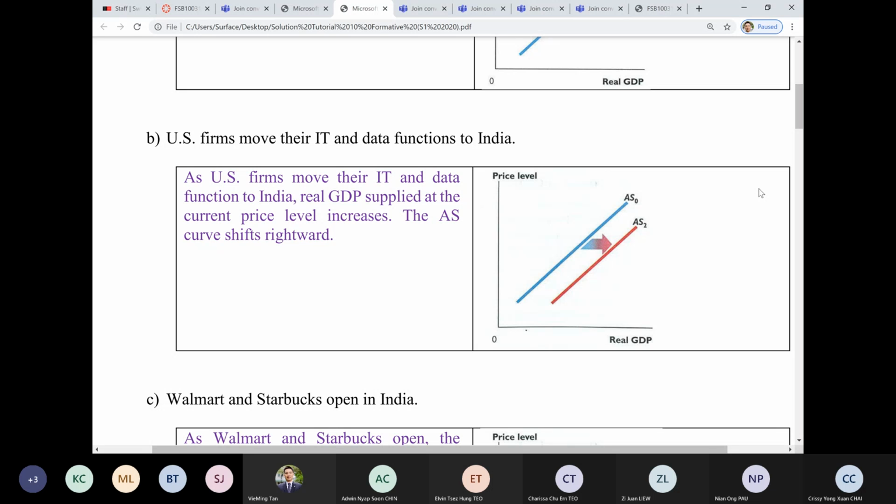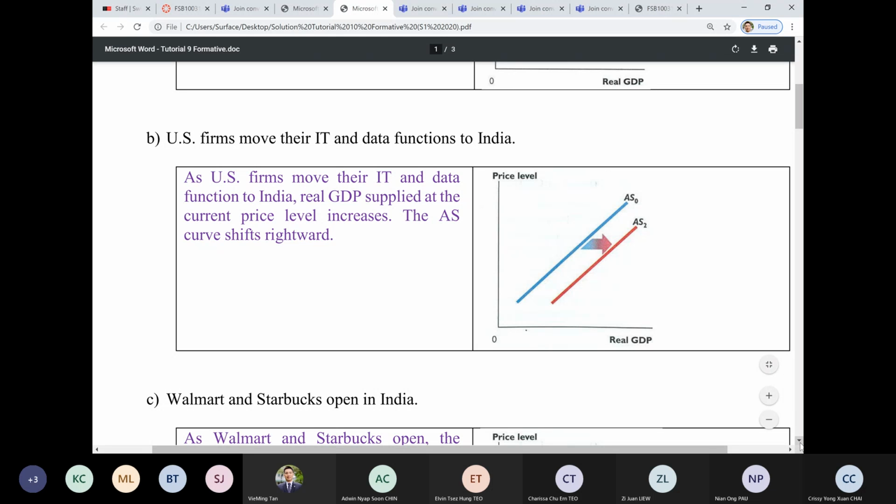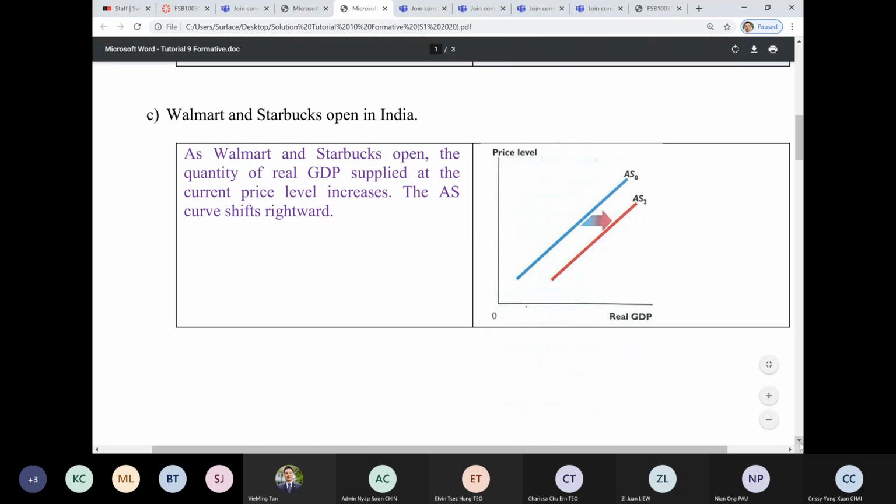As a result, this will shift the aggregate supply curve to the right-hand side, like this. Even though these are US companies, they're setting up the business in India, so this will be counted as GDP in India. The GDP in India will increase, in fact.